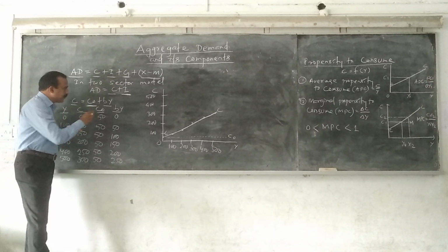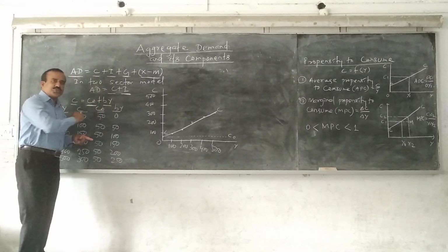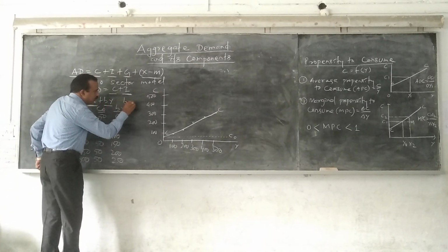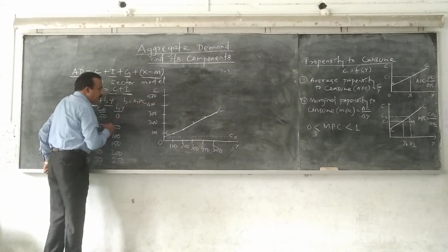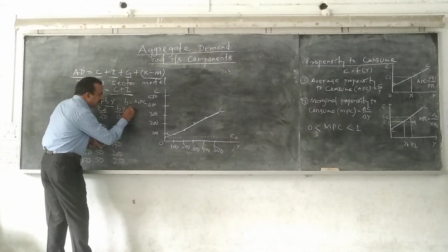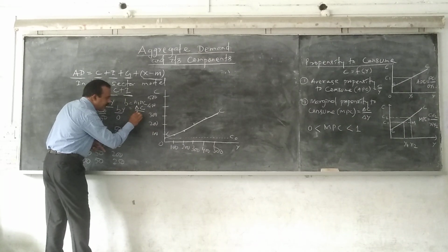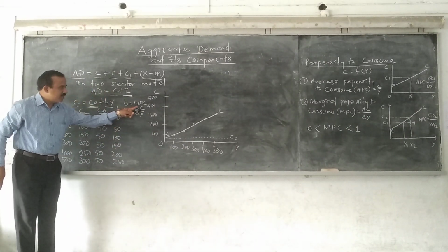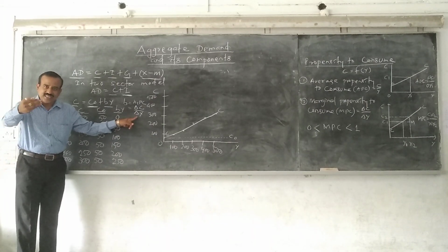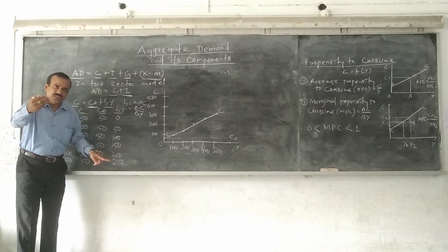On the other hand, bY is induced consumption, where b is equal to MPC, marginal propensity to consume. I mean it is delta C by delta Y, change in consumption expenditure by change in income. When income changes, consumption also changes.